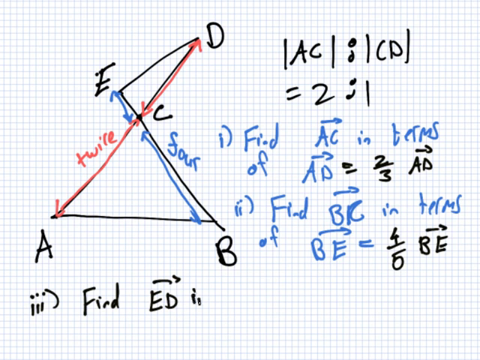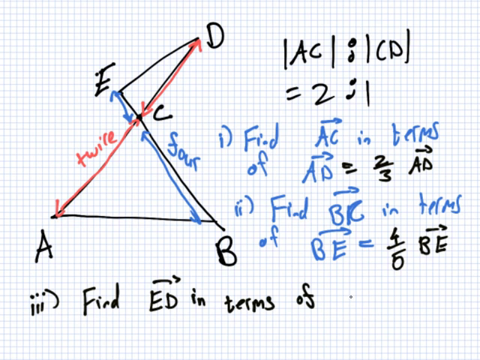Find ED in terms of, so, A, B, C, D. Now you're confusing me. I don't want to make it too hard for you. We can use AD and BE to get AB.